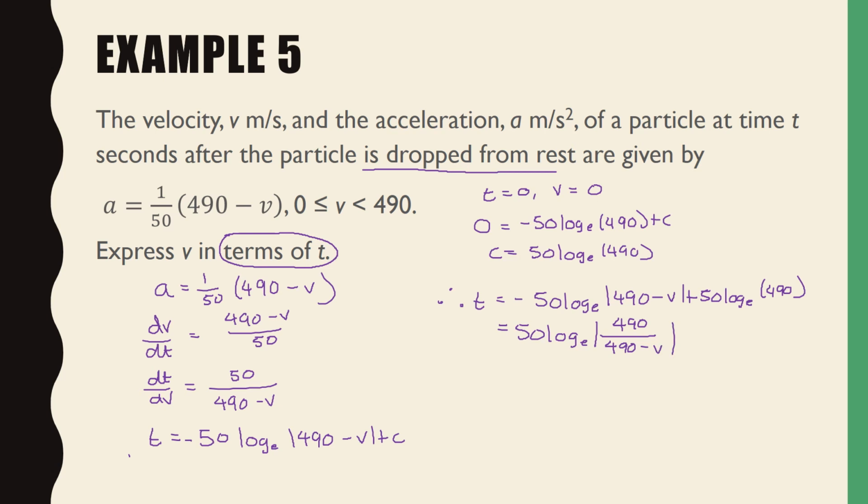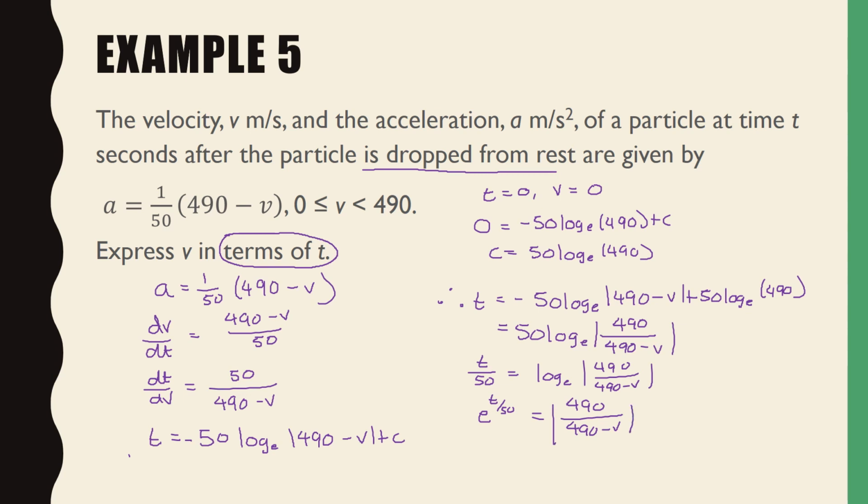It asks us to express v in terms of t, so we need to rearrange. We can divide by 50 to start with. Then we can change it to an exponential equation. So e to the power of t on 50 equals 490 on 490 minus v. Do we need our absolute value signs?